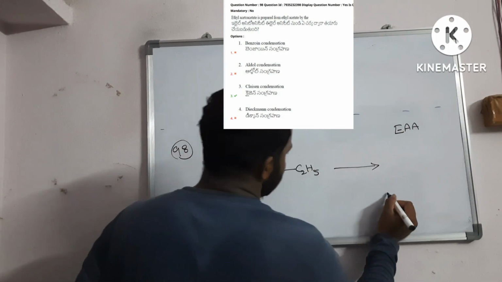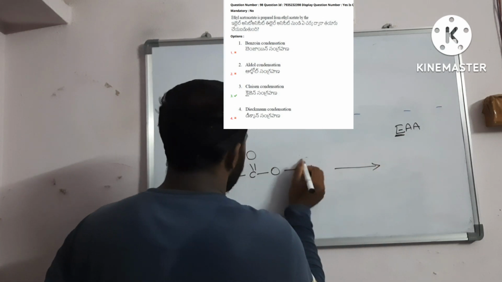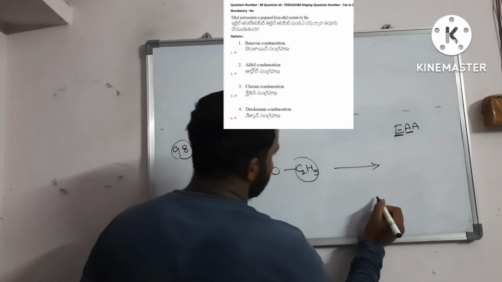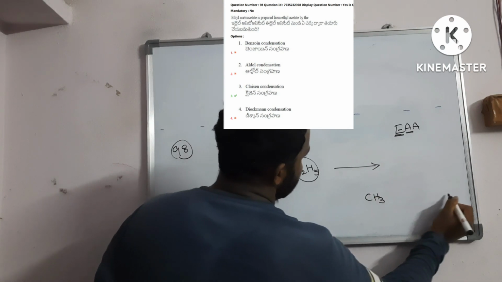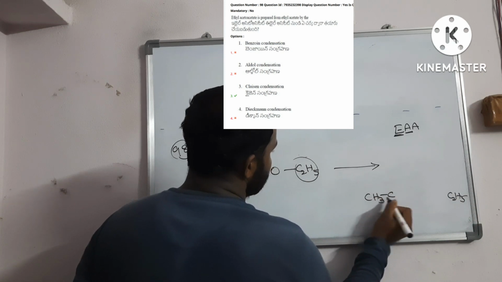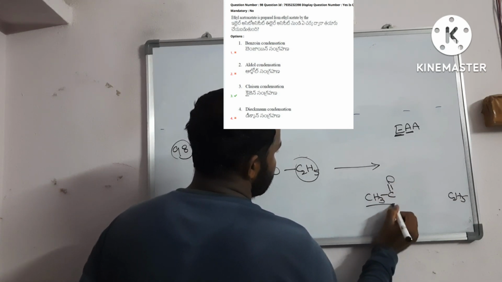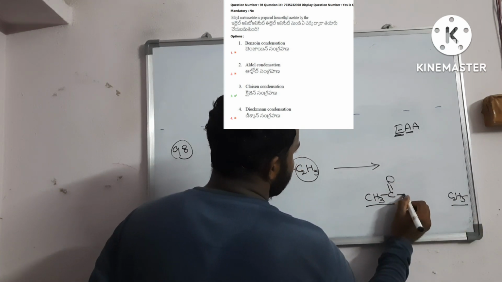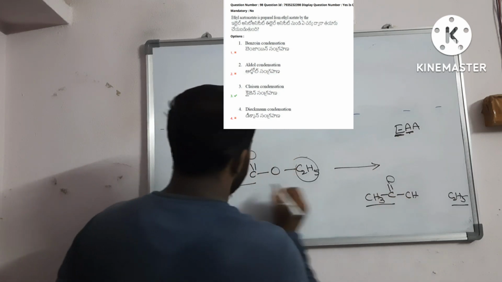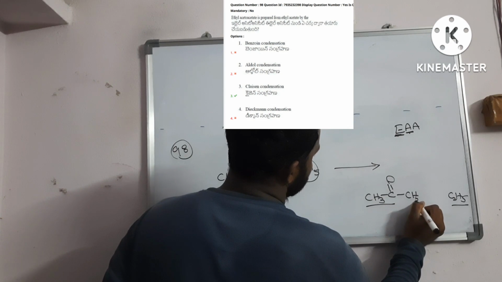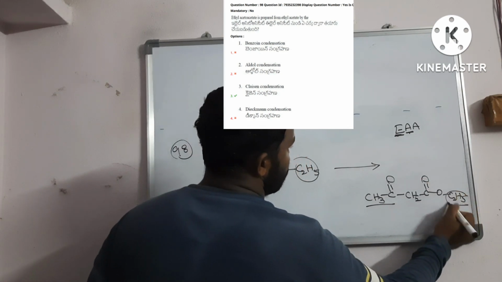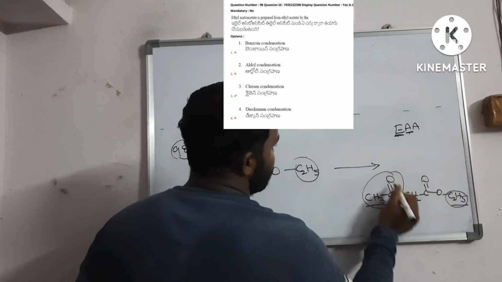Ethyl acetoacetate has the ethyl group, C2H5, the same ethyl group, then the aceto group. Acetate I already discussed: CH2 C double bond O is the acetate. Ethyl acetoacetate.